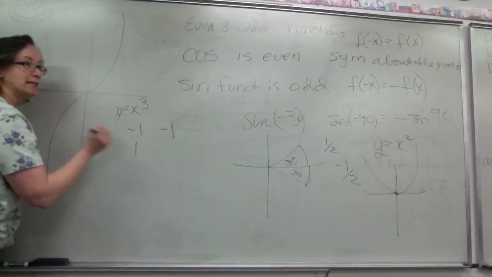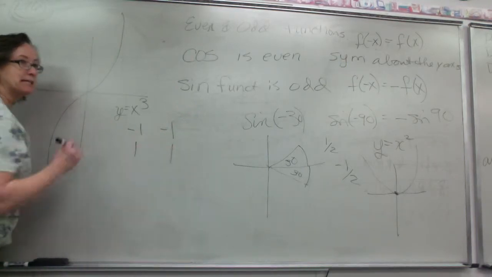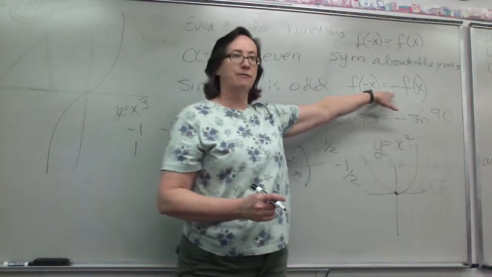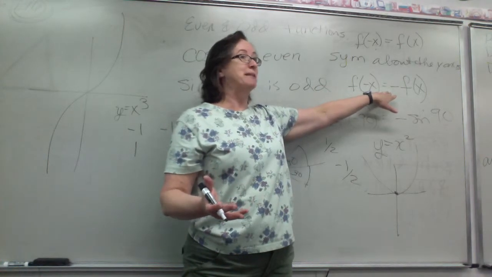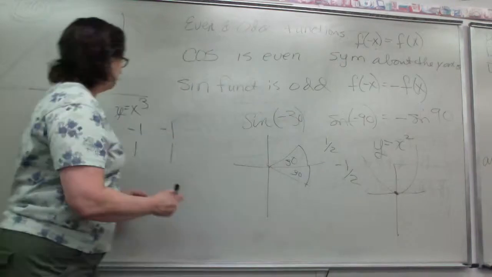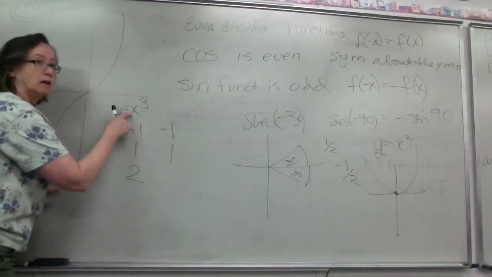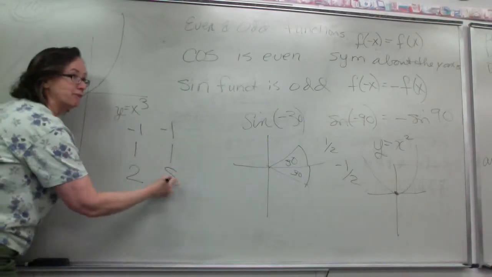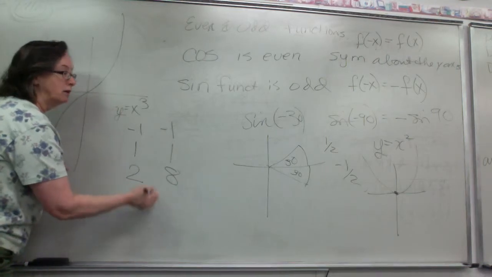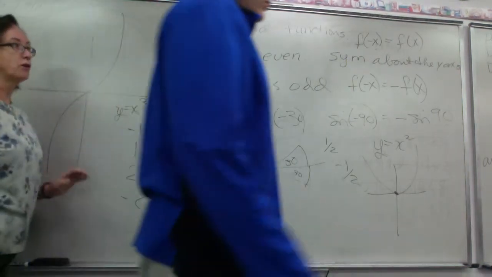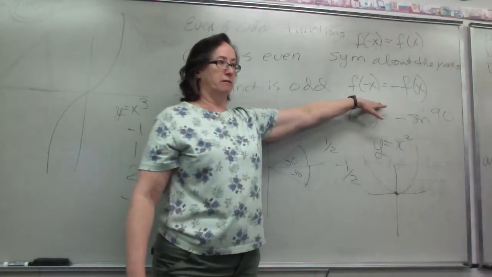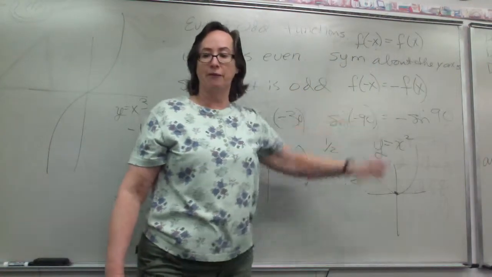If I plug in a positive 1, I get out a positive 1. Are they opposites of each other? The same value, but opposite signs. If I plug in a 2, I get out an 8. If I plug in a negative 2, I get out a negative 8. So the cubic is an odd function.